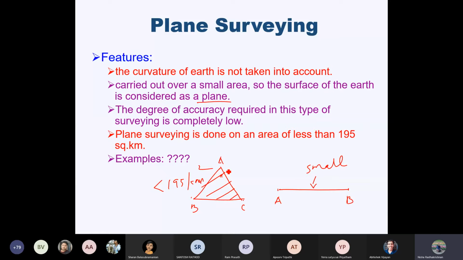Okay, when I say stretch of a road, what will be the distance of one stretch? You all have been in the campus, right? At least once. One semester you were here, right? Yes, ma'am. On the roads here, is it so long that you need geodetic survey? No, ma'am, we need plane surveying.